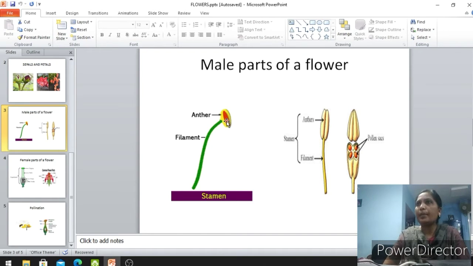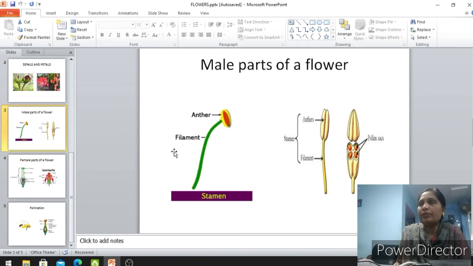So here are the male parts of a flower, children. Whichever part we are discussing, you dissect it, separate it and keep it on the glass slide so that it will be easy for you to understand the content, and then draw all these parts in your classwork and label them very neatly. So this is the male part of a flower.